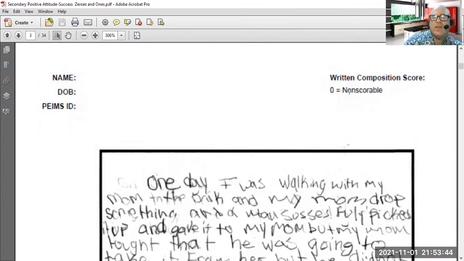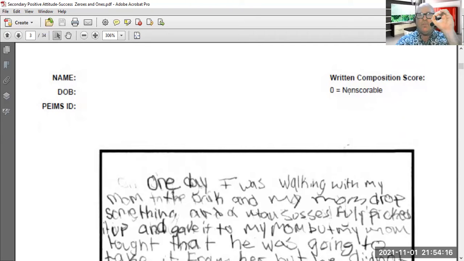And so just in case you're new to writing, to reading possibly as well, when they scored the essays, the first reader did not know what the second reader put, and vice versa. And the only way that a person could get a 0, non-scorable, was if 2 people agreed when they scored the paper independently from each other that it would be a 0.